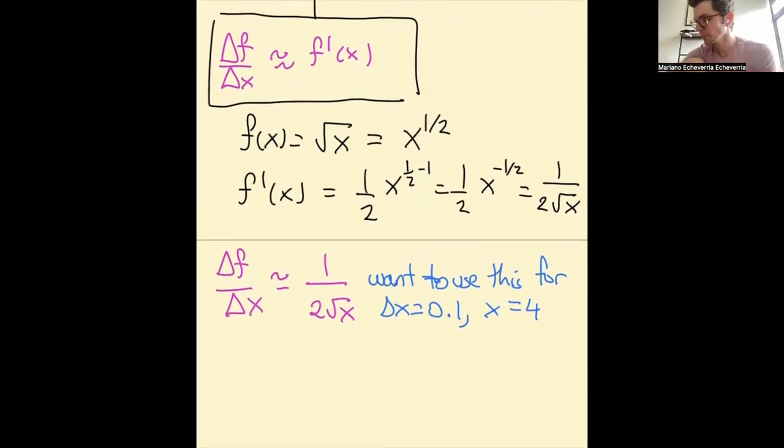If you apply it for those values, you get delta f divided by 0.1 is approximated by 1/2 root of 4.